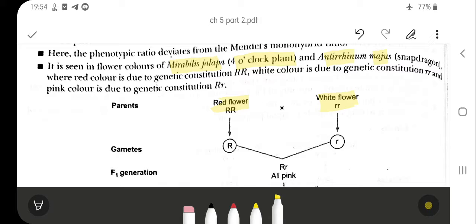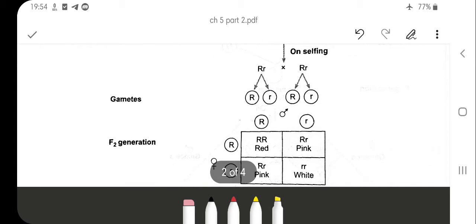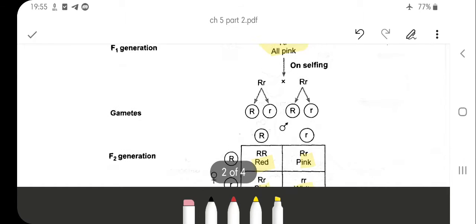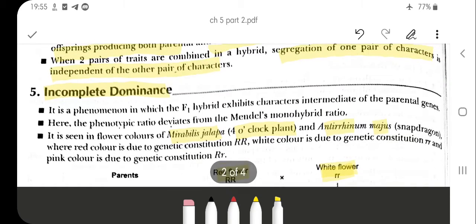But here the color of the flower in the F1 generation is pink. When those pink flowers are self-pollinated, we can see both red flowers and white flowers along with pink flowers. So pink is the intermediate color of the parental genes. This phenomenon is known as incomplete dominance.